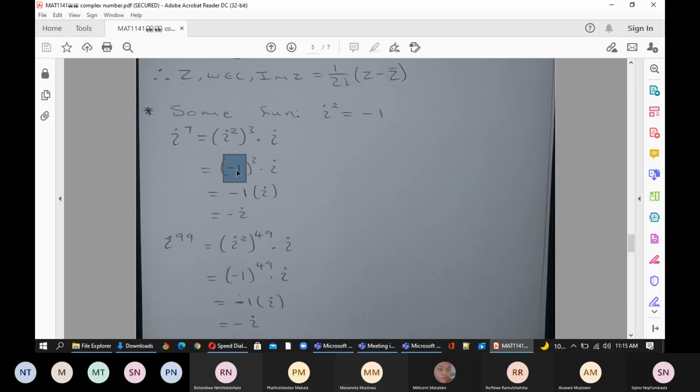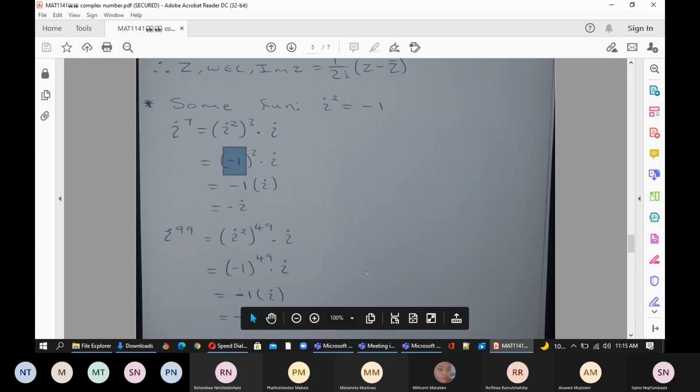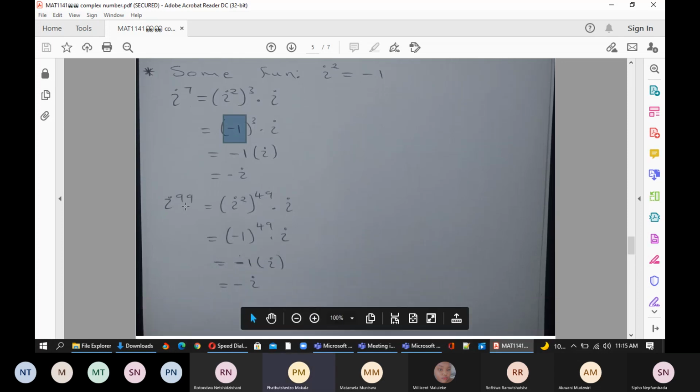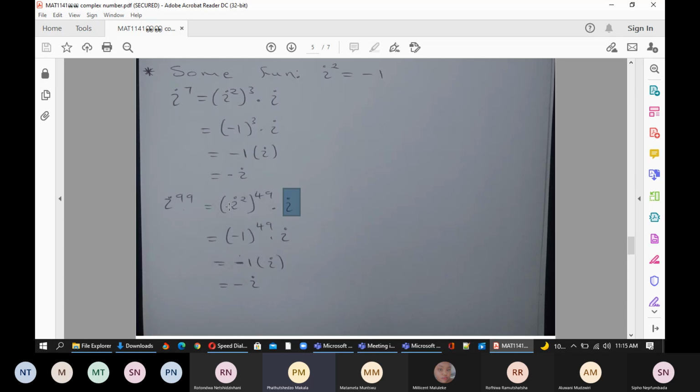So where there's this guy, we substitute with -1. Press your calculator. We do the same thing to the next one. Where there's this guy, we always remove 1, and we're left with i to the power 98 multiplied by i.